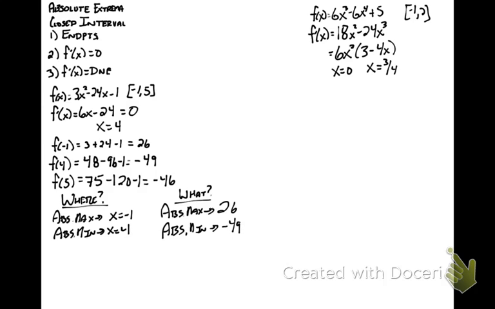And the derivative is always defined on our interval. So we need to consider 4 points: f of -1, f of 0, f of 3/4, and f of 2.